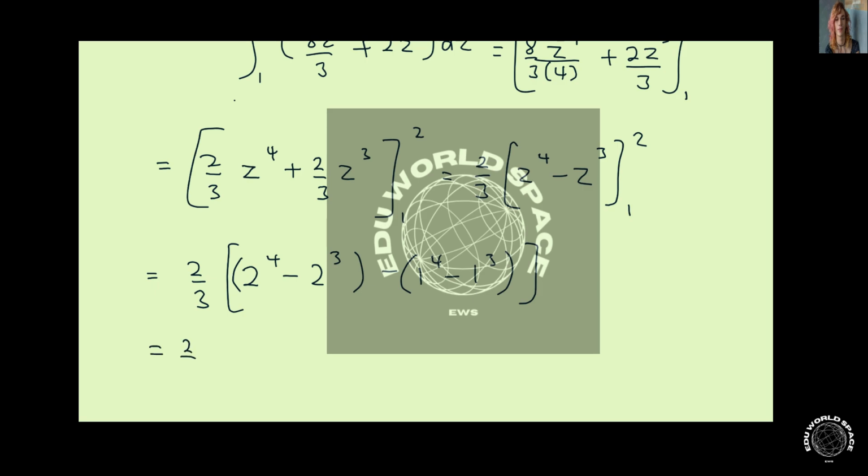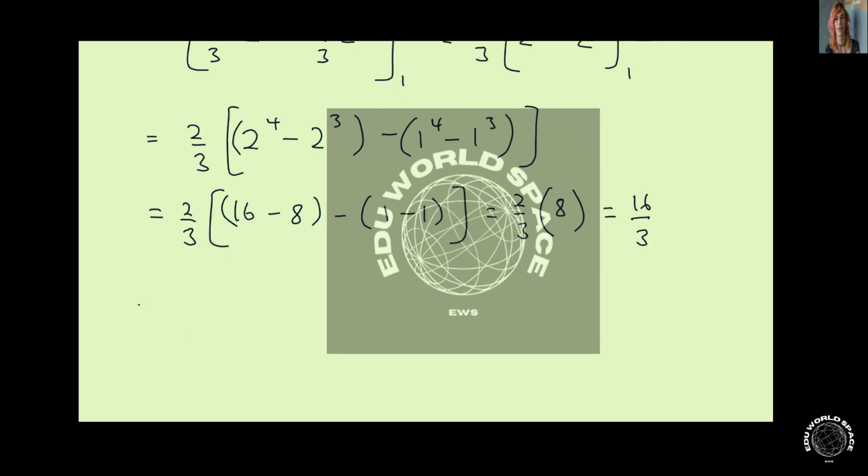So this becomes 2 over 3 times 16 minus 8, minus 1 minus 1, which is 0. So 16 minus 8 becomes 8, and this is equal to 16 over 3.